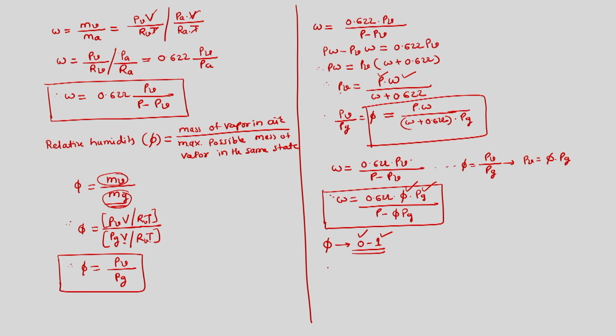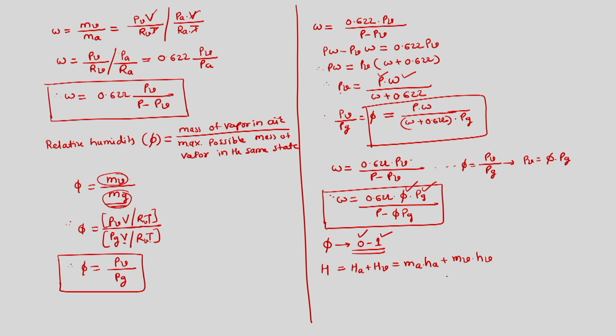Now if we want to find out the enthalpy of the mixture, suppose total enthalpy of the mixture H is equal to enthalpy of air plus enthalpy of vapor. So this is equal to mass of air into enthalpy of air plus mass of vapor into enthalpy of vapor.